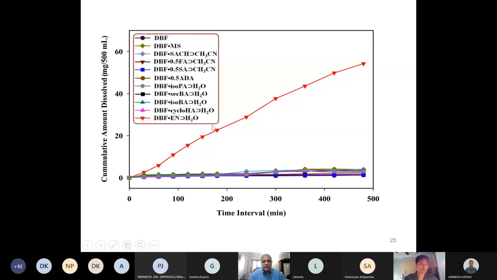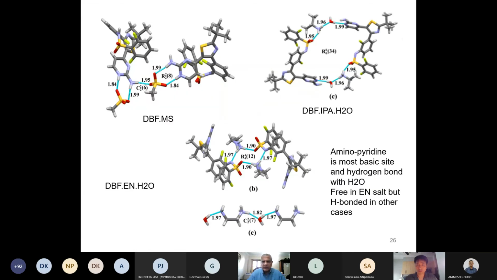Here it is the ethylene diamine hydrate, which is showing the maximum profile, and all the other cases are relatively close to the baseline of the API. And again, now we will see with the crystal structures why the ethylene diamine hydrate is showing such a dramatic improvement in dissolution rate. So these are the crystal structures.